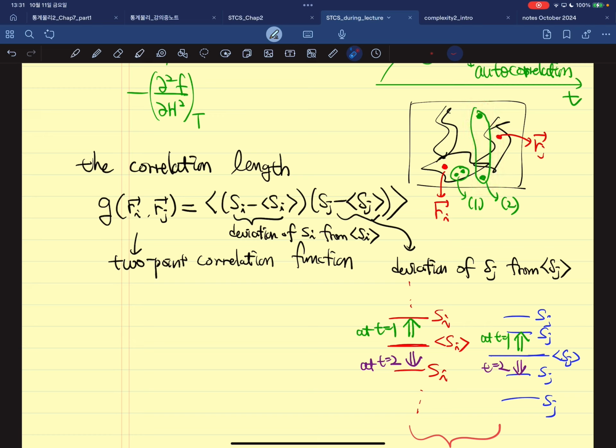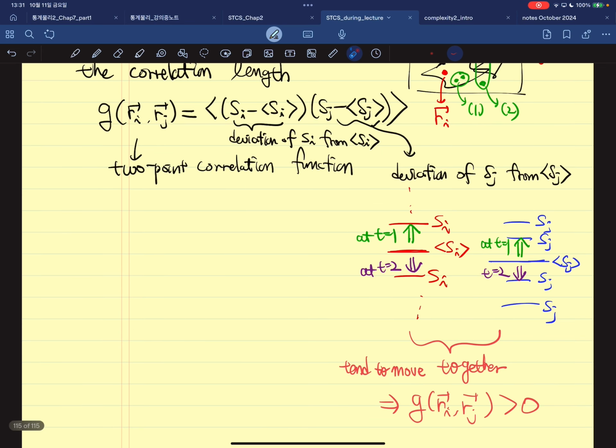For very distant spin pairs to be correlated, there must be some very long range ordering process. And in many cases, they are likely not correlated. So this is the very important concept of the correlation length in the spin system.